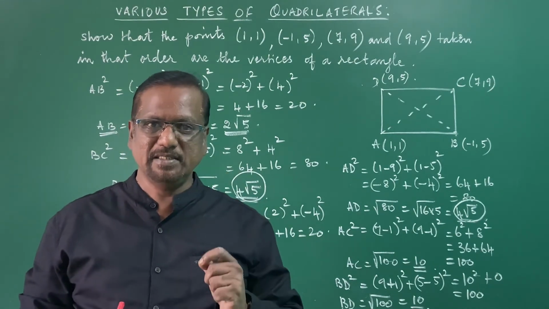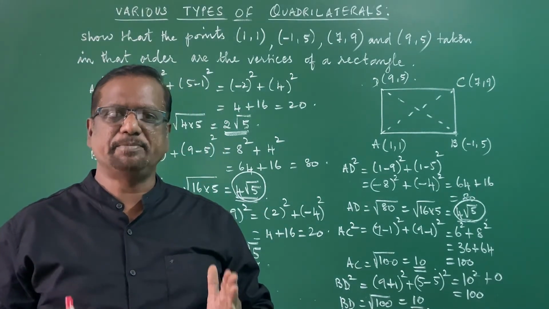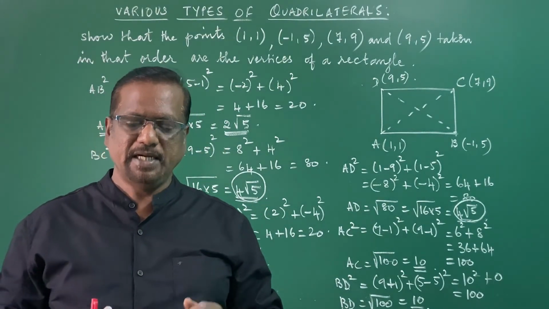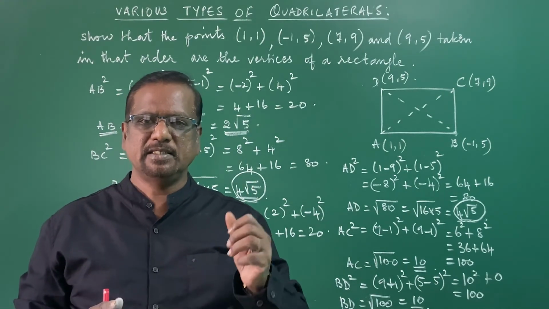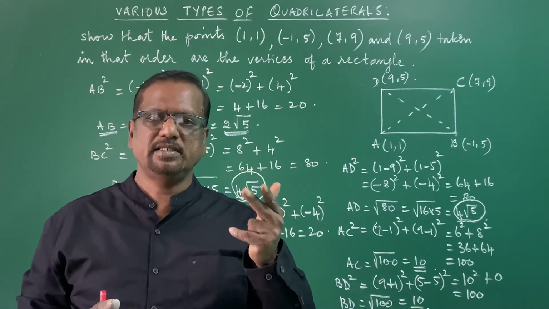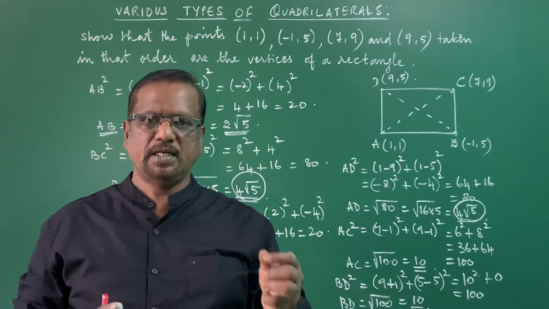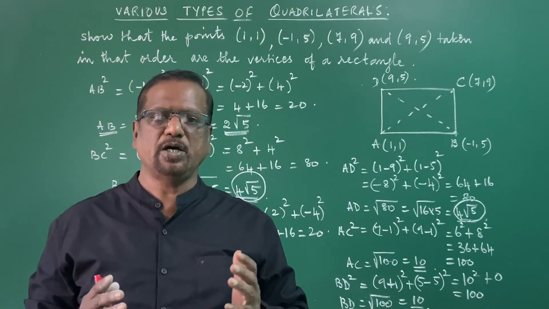In a quadrilateral, if all the 4 sides are equal, it becomes a rhombus. And hence, the condition to be proved is AB is equal to BC is equal to CD is equal to DA. And hence, the quadrilateral ABCD becomes a rhombus.